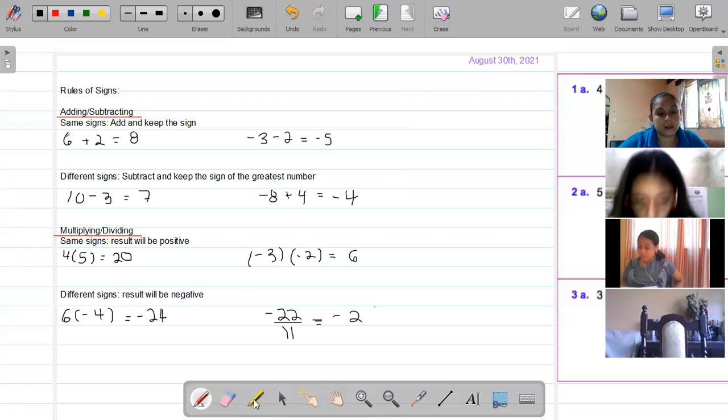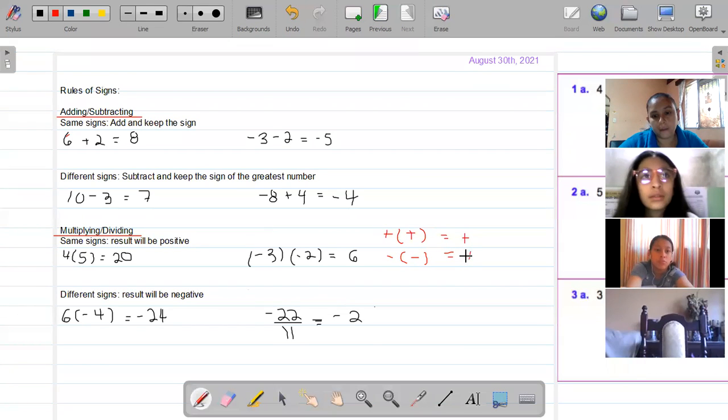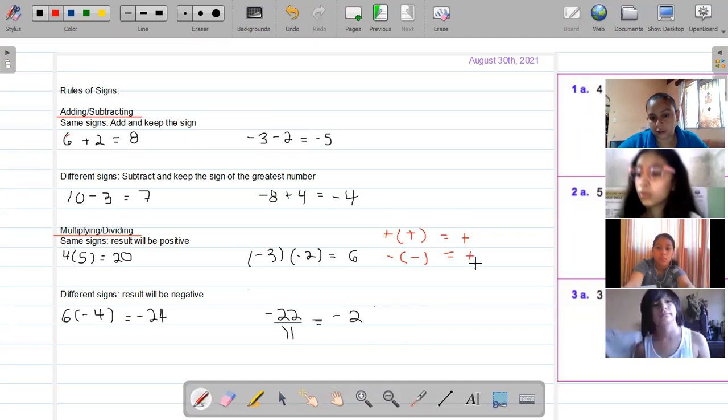So let's go one more time and say, if we got positive times positive, that will give me positive. If I have negative times negative, since they're also the same sign, you're giving me positive as well. Okay, same signs, positive result.